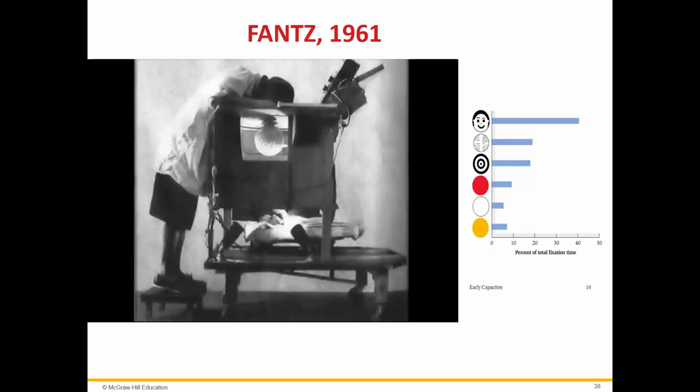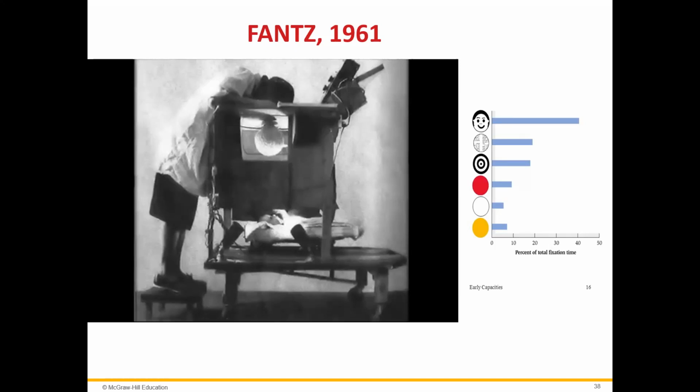And you can see that the percent of time they spent looking at the face is much greater than any of the other stimuli. And he also discovered that they like more complex stimuli. So that oval with the words on it and the one with the bullseye, they're more complex than just the colored ovals or the white oval, and they spent more time looking at those.